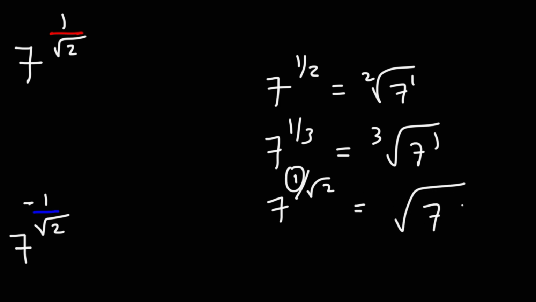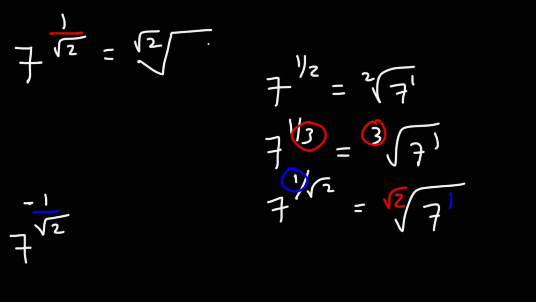Well, this 1 is going to be this exponent here. I'm going to color code it. And whatever is on the bottom should be the index number. So in that case, that's going to be the square root of 2, which I'll put right here. So what this is equal to is the square root of 2 as the index number of the square root of 7. It looks kind of weird, but that's what it is.